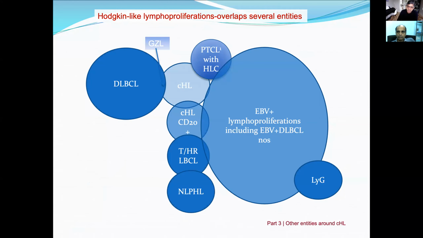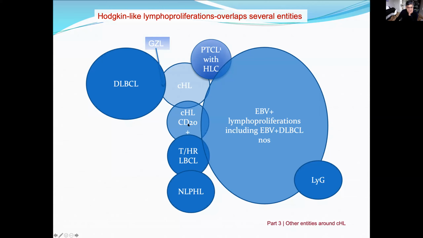So with that said, I will briefly mention the entities that can be overlapping and confusing that you should remember, which I have not discussed further in this talk. So you have diffuse large B-cell lymphoma and classical Hodgkin lymphoma. These 2 can overlap, and that's where your gray zone lymphomas come in. And we learned about the strong CD20 Hodgkin that overlaps with Hodgkin.